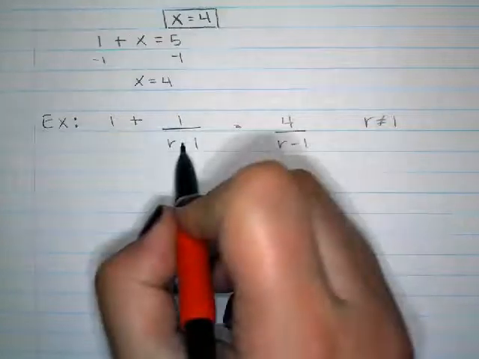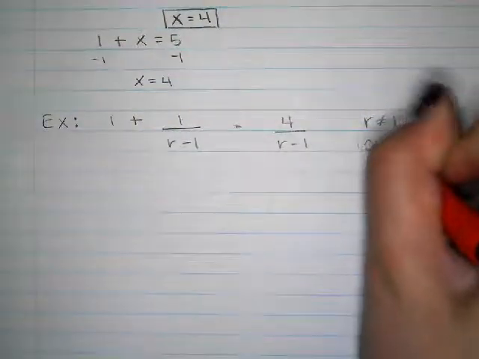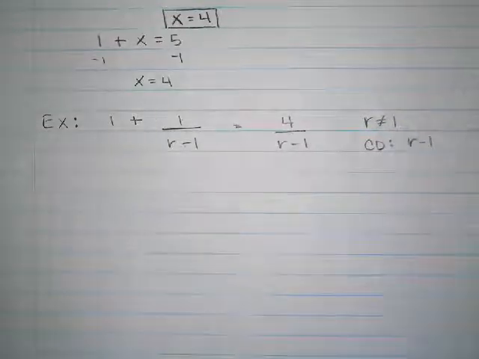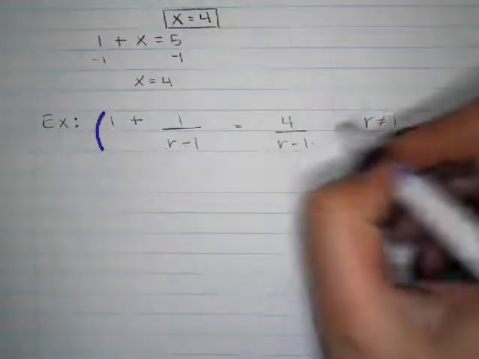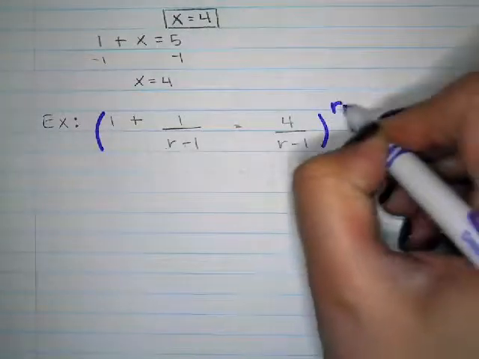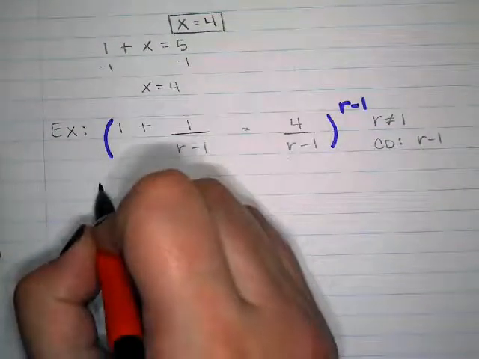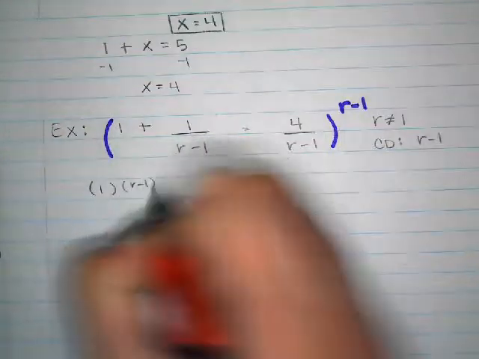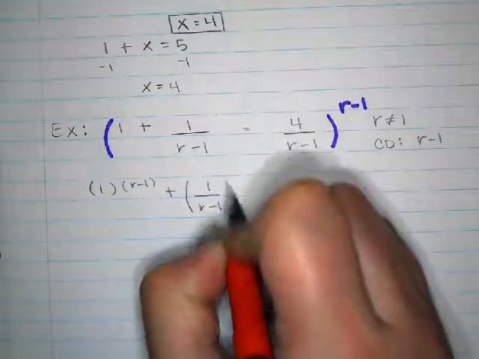Okay, so our common denominator here is what? R minus 1. It's the group R minus 1. So what I'm going to do is take my entire equation and multiply it by R minus 1. So I'm going to have 1 multiplied by R minus 1. I'm going to have 1 over R minus 1 multiplied by R minus 1.